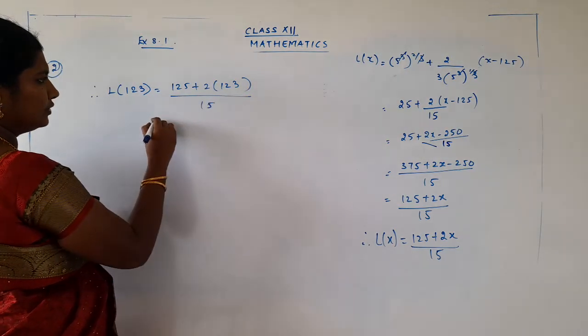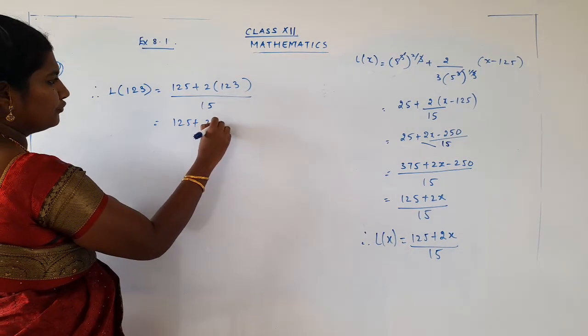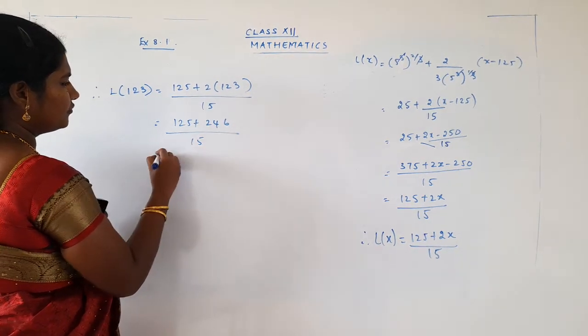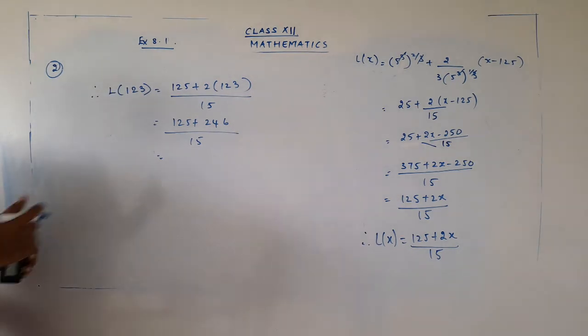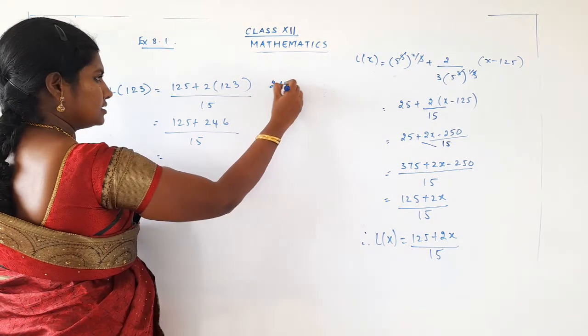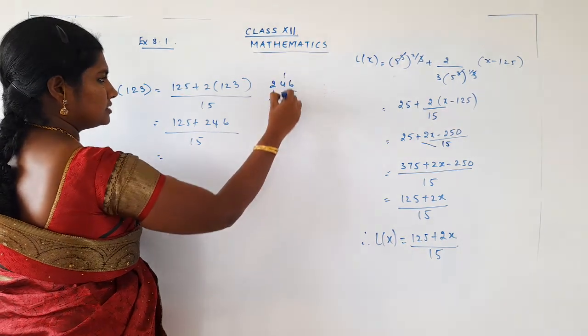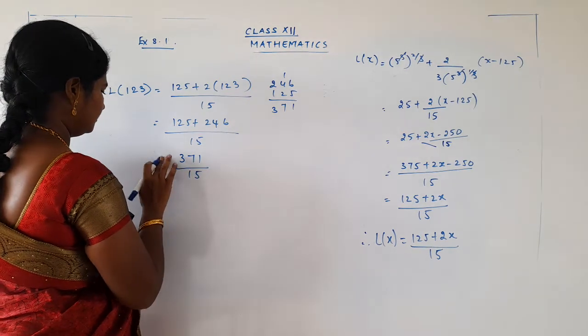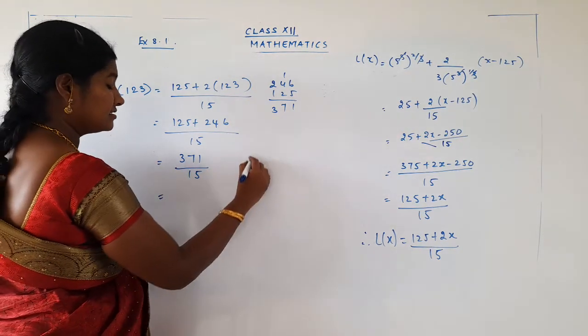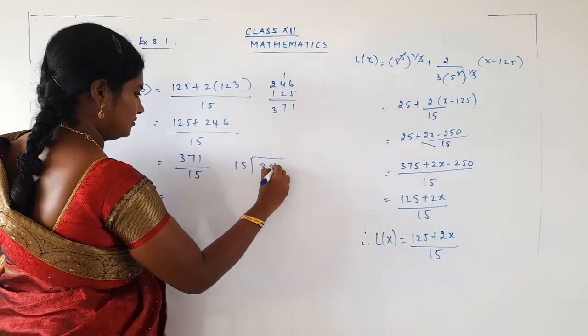I have just substituted the value: 125 plus 246 upon 15. Add these two values: 371. Now we have to divide this and get the answer.